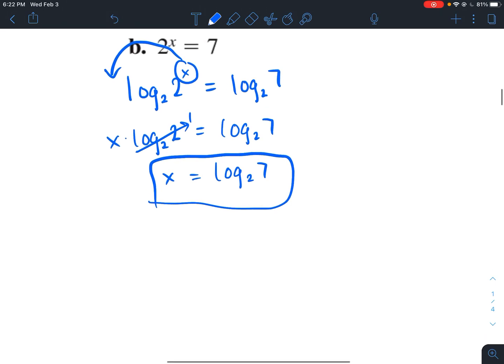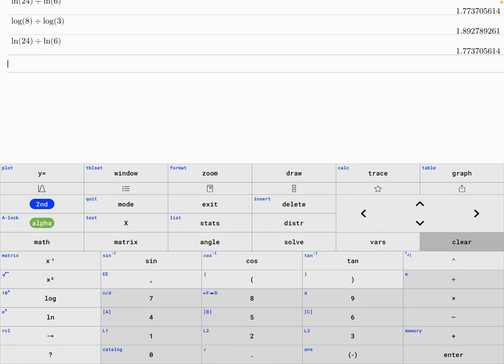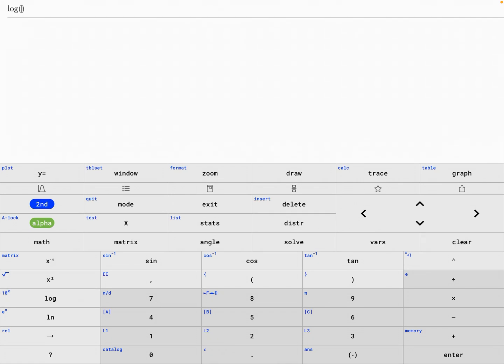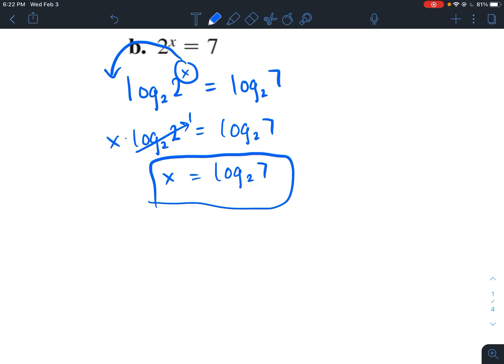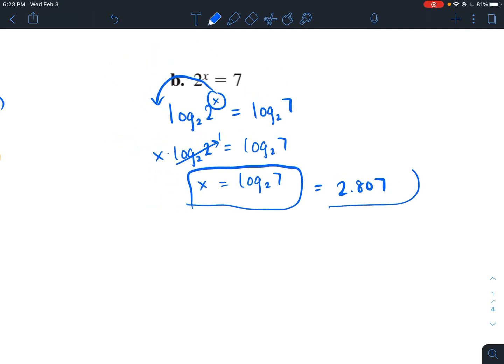And if you were to put this into your calculator using the change of base formula, you would get log of 7 divided by log of 2, and you get 2.807. Alright, and that's your value.